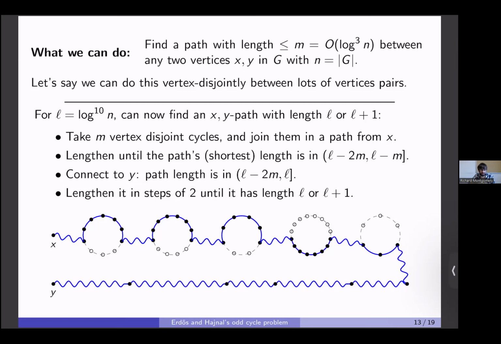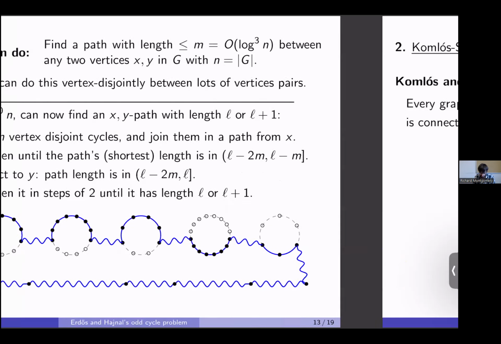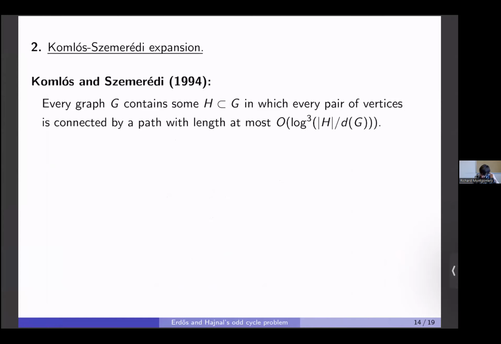So to say a little bit more then about this connection property, we get this from expansion. So let me reintroduce the Komlós–Szemerédi expansion from the 90s.